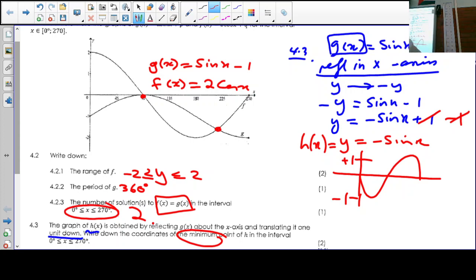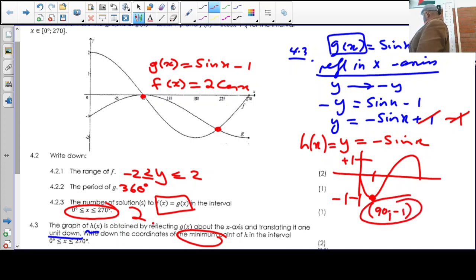Right, the coordinates of the minimum. And you all agree there's the minimum value, not so? So the minimum value here is going to be at 90 and at negative 1. That's the answer that you're looking for. Okay, do you all agree with that? Is that correct?